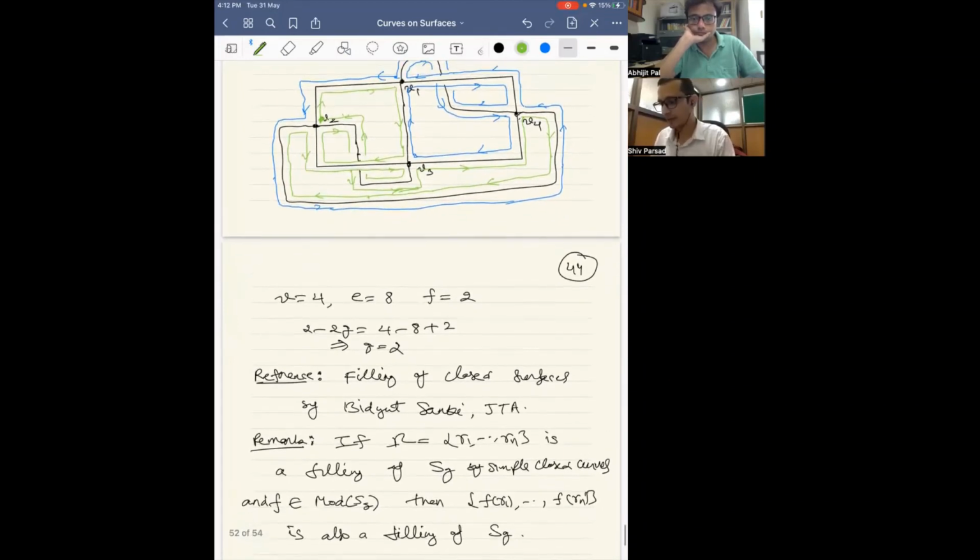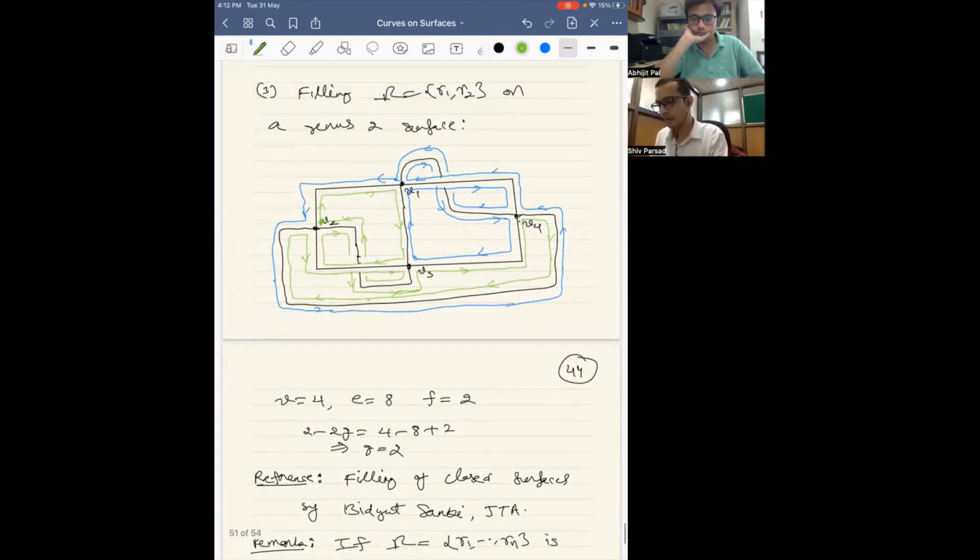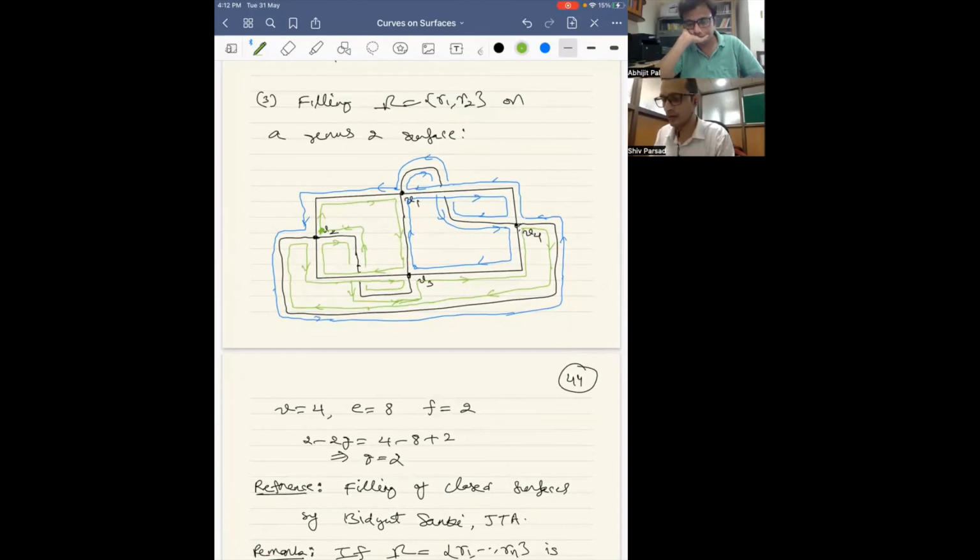So this is a purely combinatorial description. You can actually encode this with the help of purely combinatorial data. For example, here you have these edges, right? You can name them and fix an orientation.